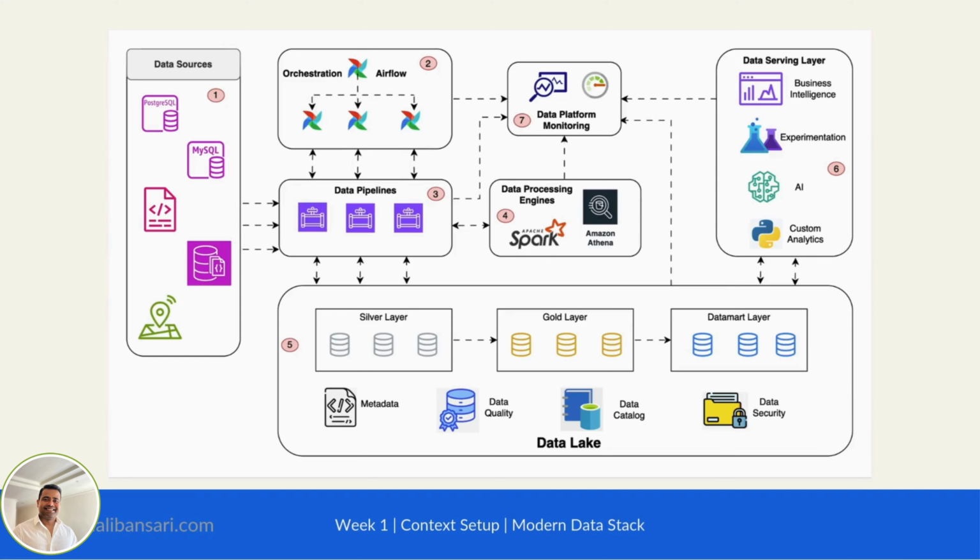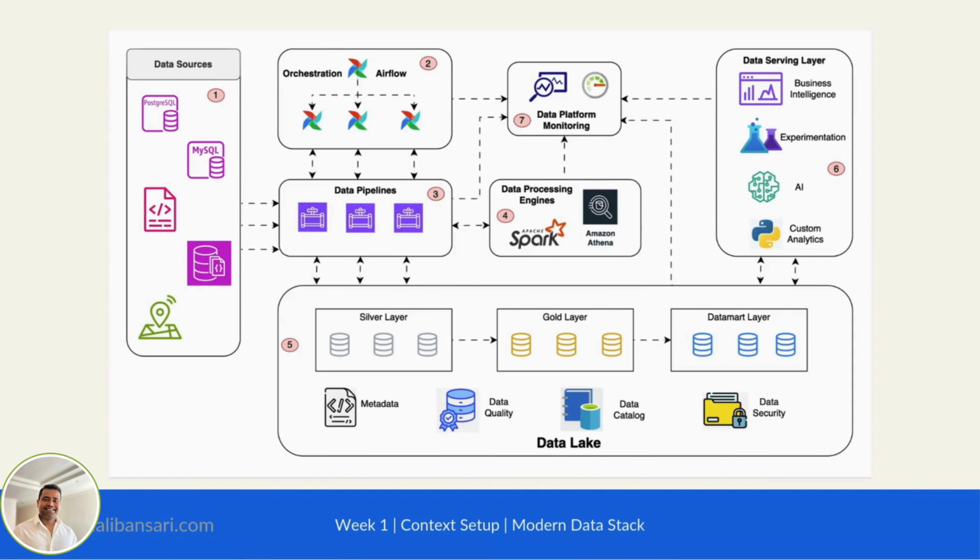Analysis and visualization: business intelligence tools, analytics platforms, or even machine learning models are used to find patterns, make predictions, and create visual reports. Monitoring: to make sure everything runs smoothly, monitoring tools are used to track performance and fix any issues.